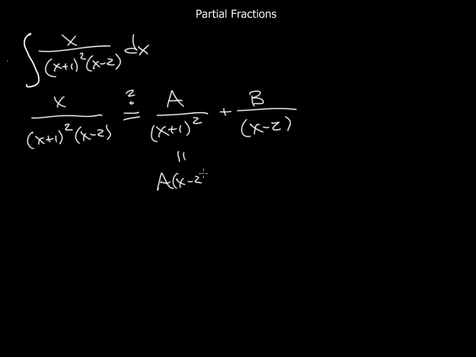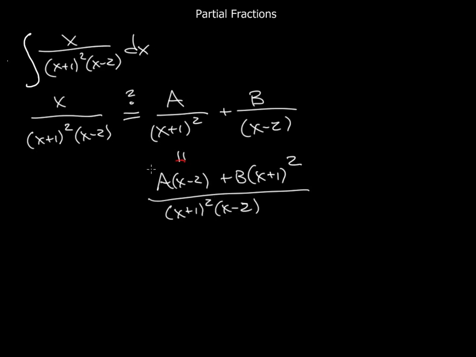Well, let's see. So the right-hand side, when you get a common denominator, is A times x minus 2 plus B times x plus 1 squared, and this numerator had better equal x.